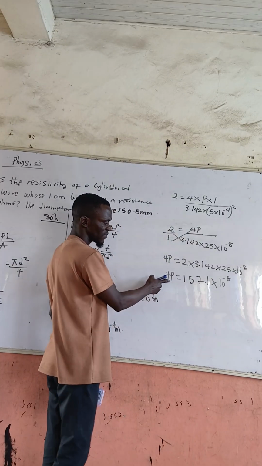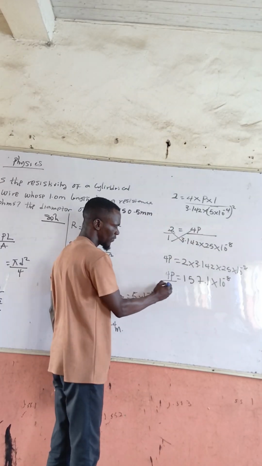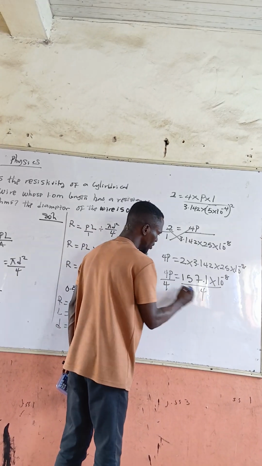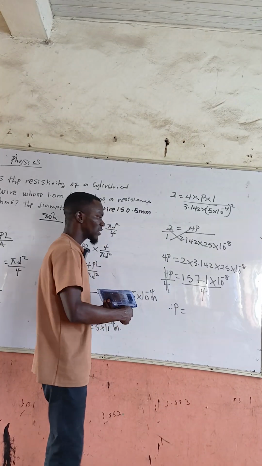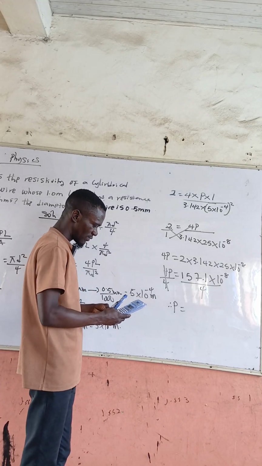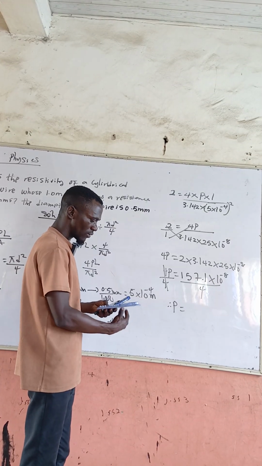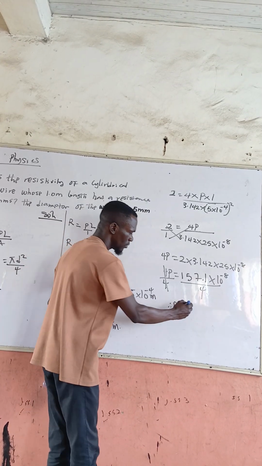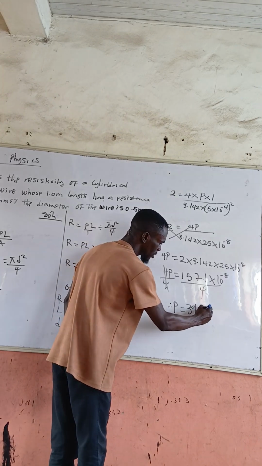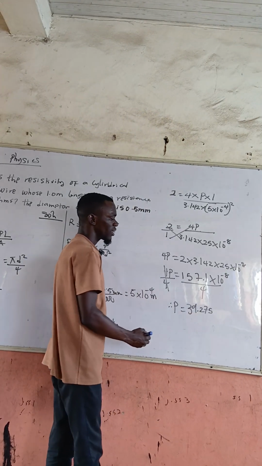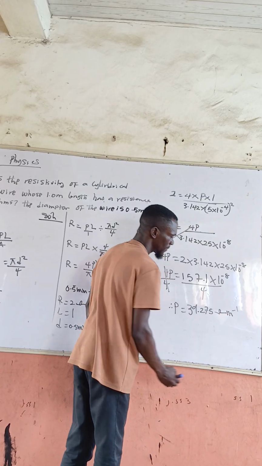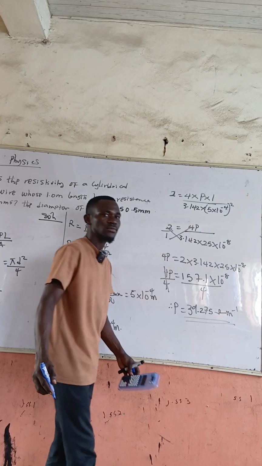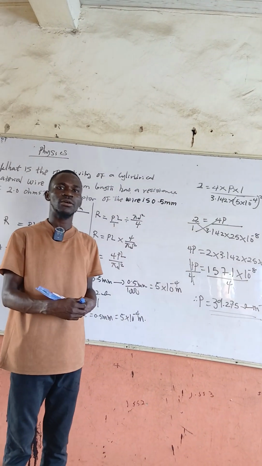To make resistivity the subject of the formula, we divide by 4, and the 4 cancels out. Dividing 157.1 by 4 gives us 39.275. The unit of resistivity is ohm-meter. Don't forget to like my video, share and comment. Thank you.